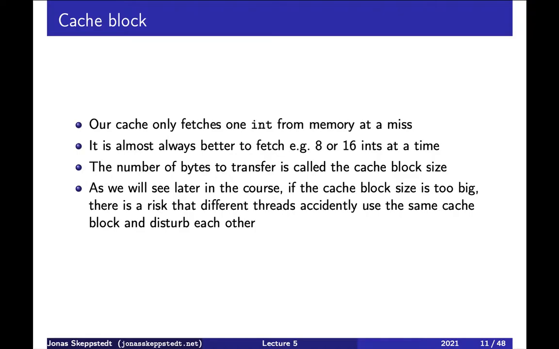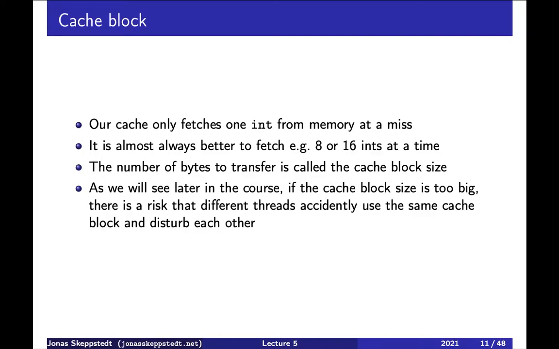But there is a risk with multi-threaded programs that different threads accidentally have decided to modify data in the same cache block. And that typically disturbs them a lot. We will come to this later in the course and see much more details about it.